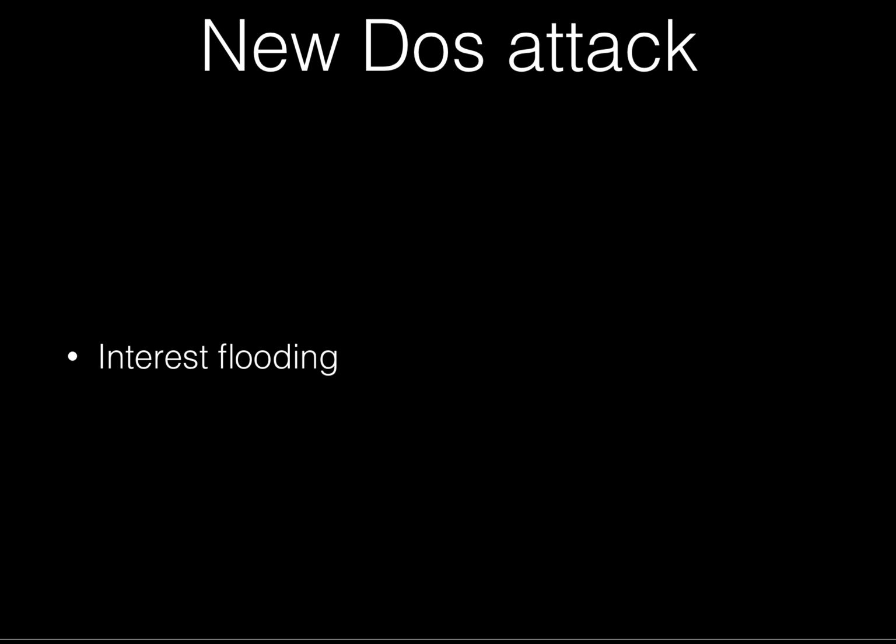In order to defend against interest flooding, the author gives us two tentative countermeasures. The first one is monitoring NDN routers' information, such as the number of pending interests per outgoing interface, the number of interests per incoming interface, and the number of pending interests per namespace.